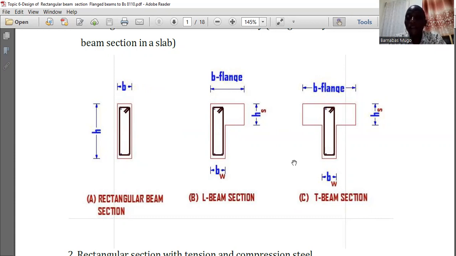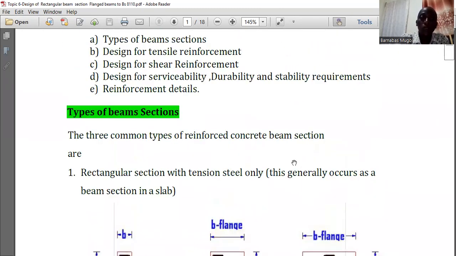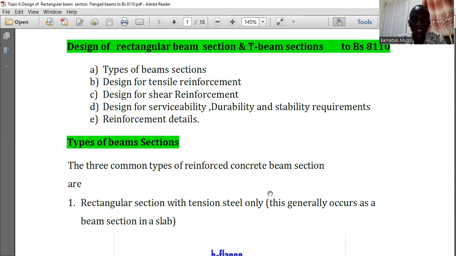And then you are going to have the B flange as you can see from B and C, but C is the one that is the T-beam section. So these are the three sections of the beam that we are going to consider.